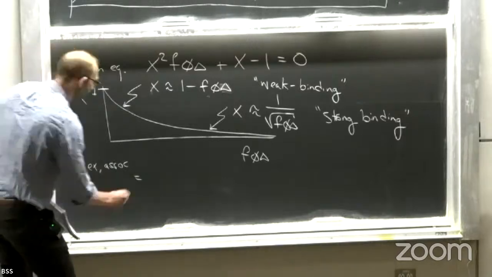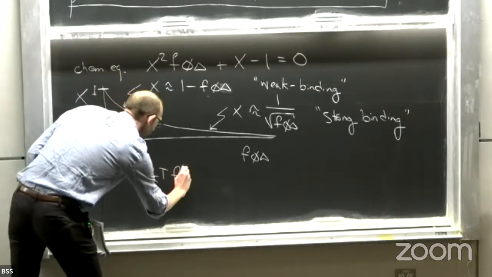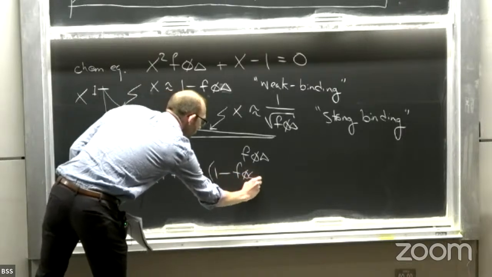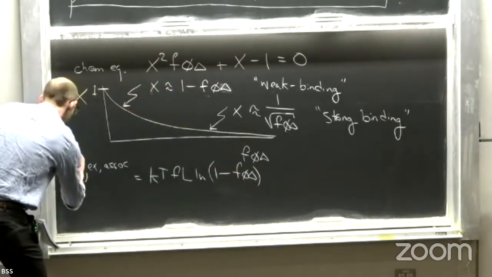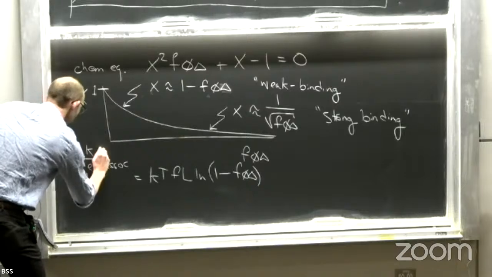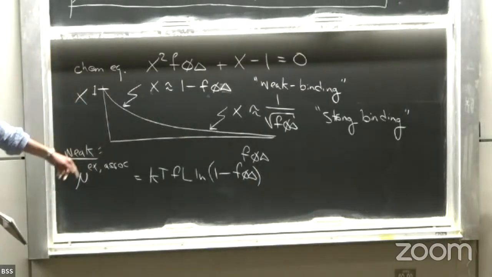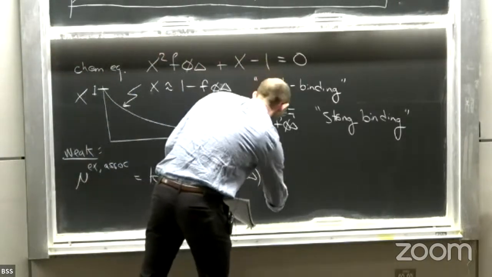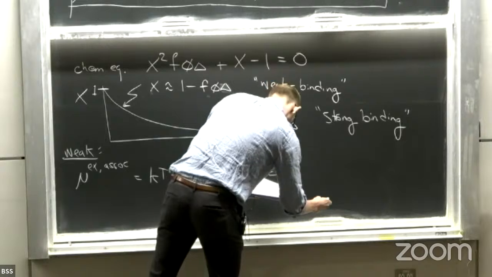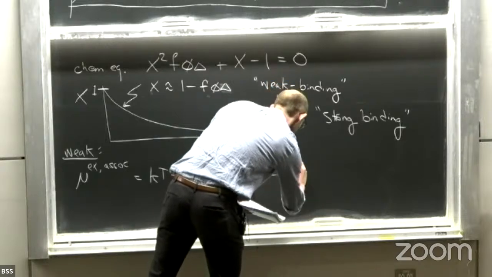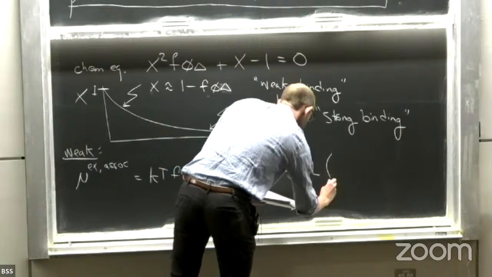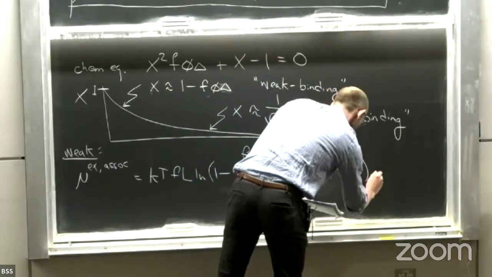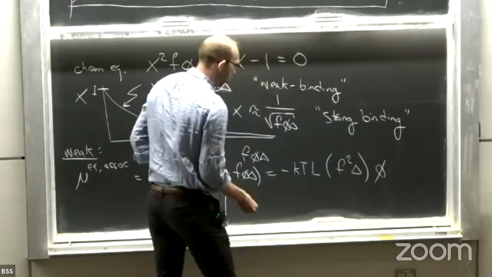Here we have this is the weak regime. We have this. And so if this parameter is small, we can Taylor expand, and we get this.